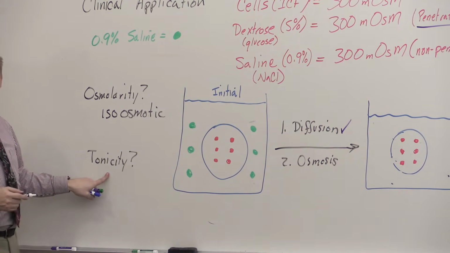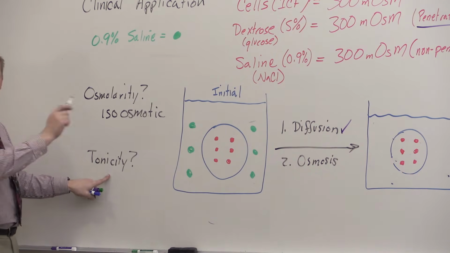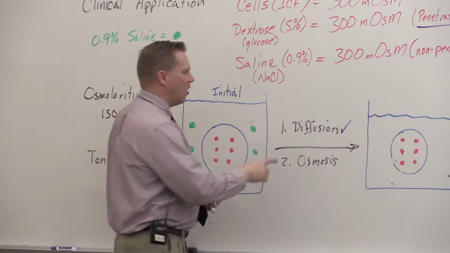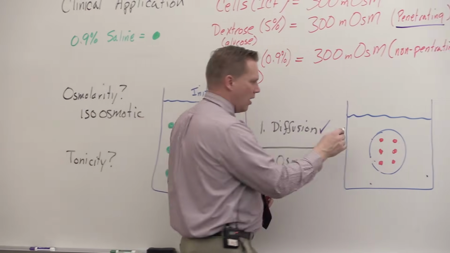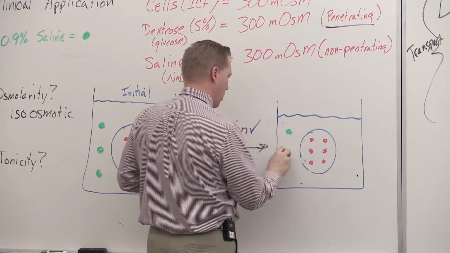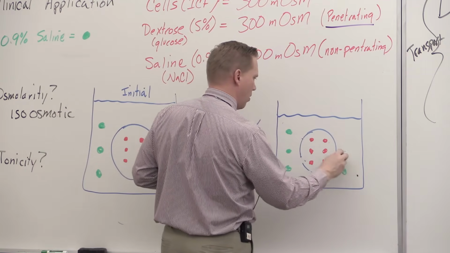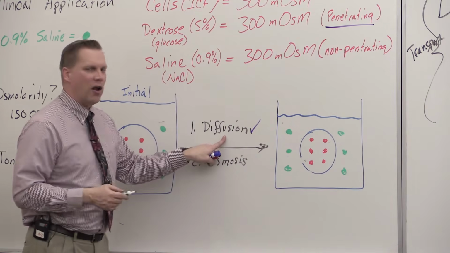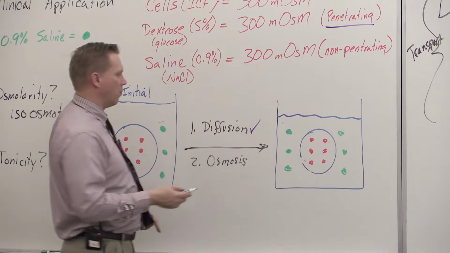Now, what about the tonicity? What effect will this solution have on the cell? Well, let's go back to our arrow. First, is there any diffusion? Well, we have to draw our green dots over here also. And the first question we ask, is there any effect from diffusion?